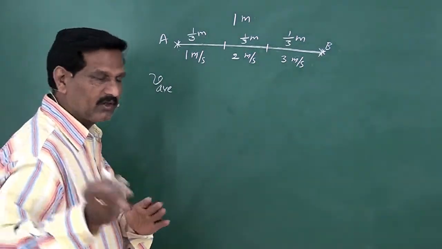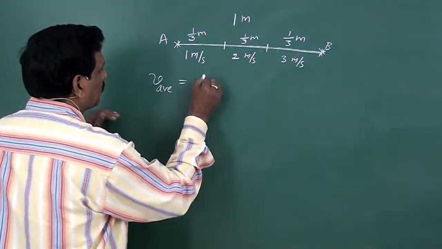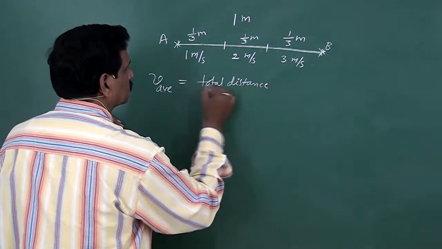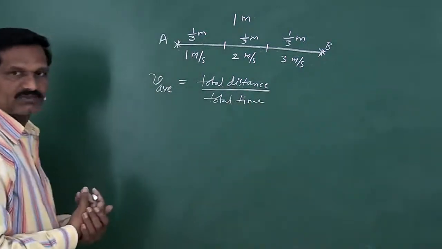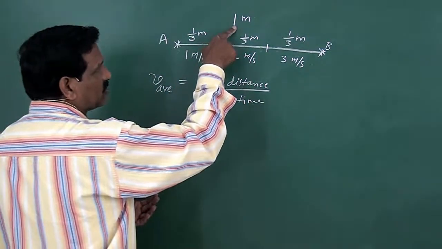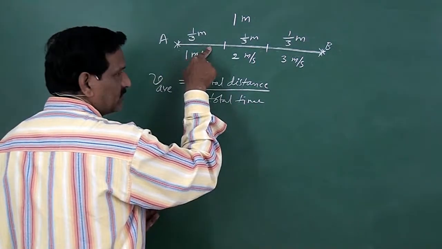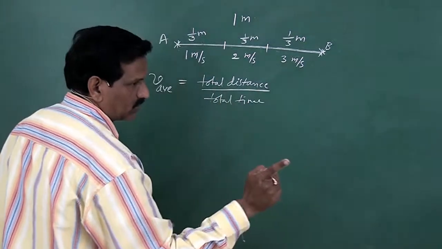When you get total time taken, average speed is equal to total distance by total time. Total distance is assumed to be 1 meter. So we have to calculate total time.